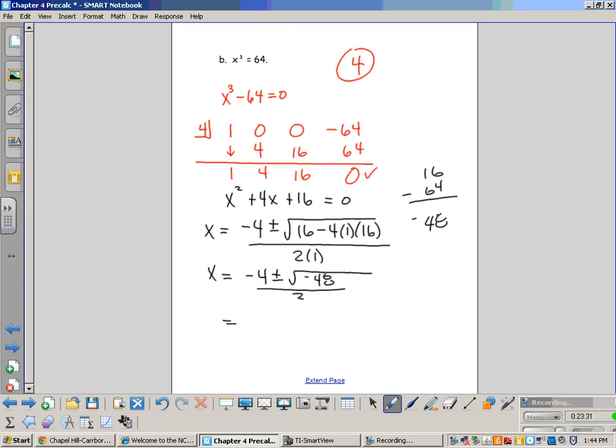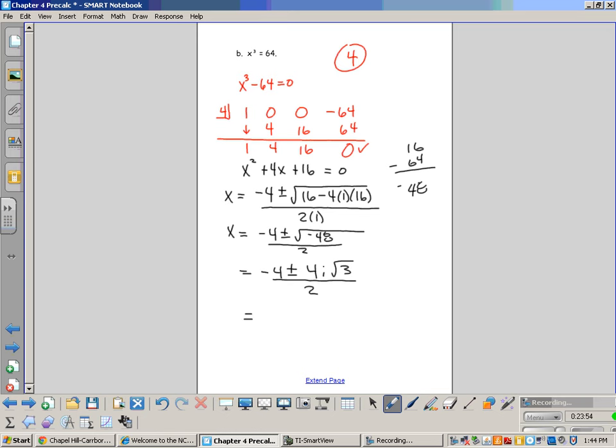We simplify this further, and we need to simplify the square root of 48, but you notice you're going to have an i here. So negative 4 plus or minus 4i square root 3 over 2. Then we can simplify that further to negative 2 plus or minus 2i square root 3.